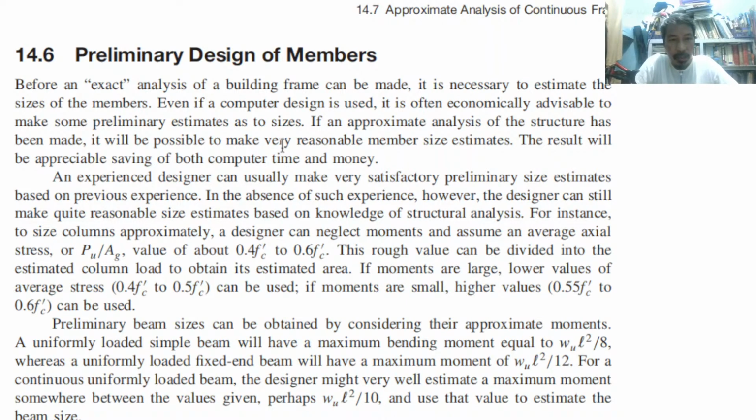An experienced designer can usually make very satisfactory preliminary size estimates based on previous experience. So with your previous projects, you can have engineering judgment: what size would it be if a certain load comes up?